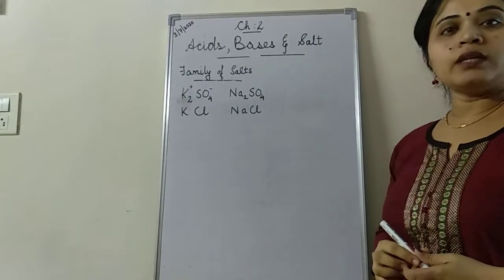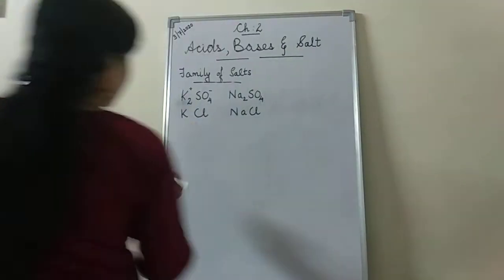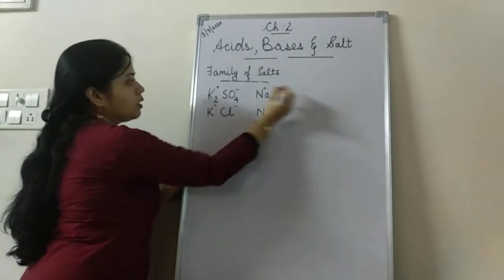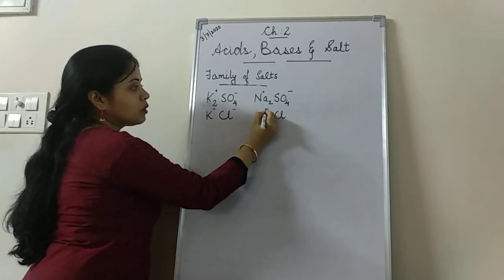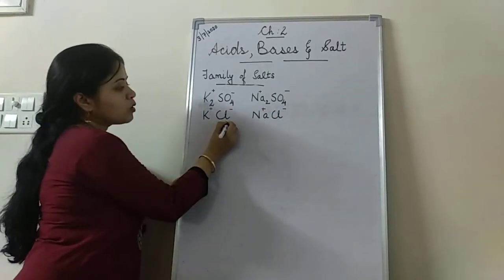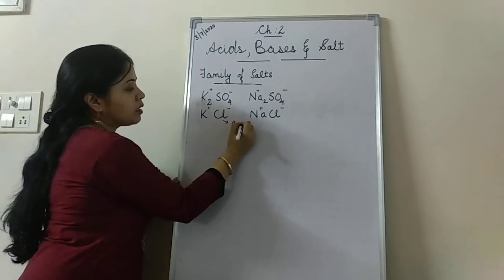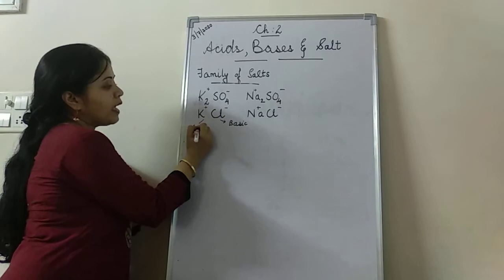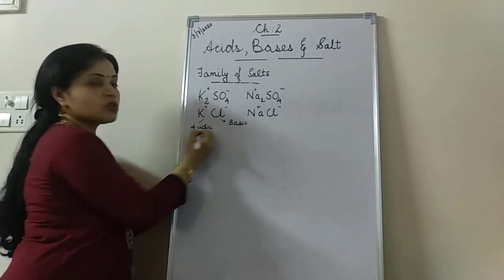Each salt can be separated into cations and anions. This part can be called the basic part of the salt, and this can be called the acidic part of the salt.